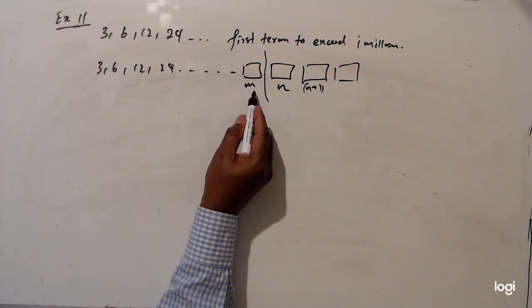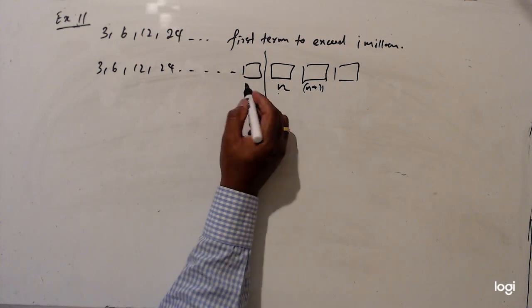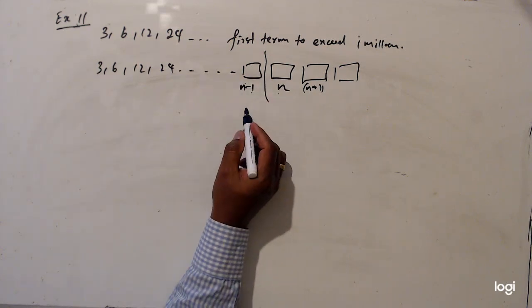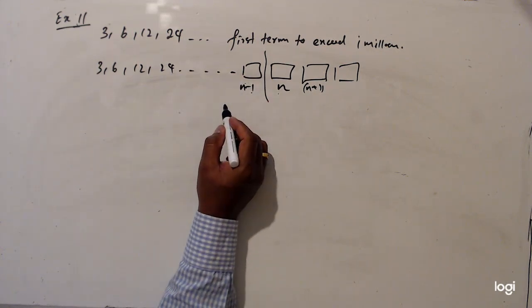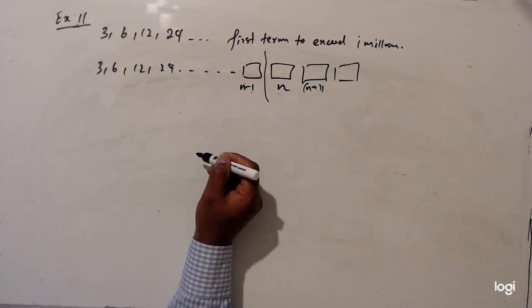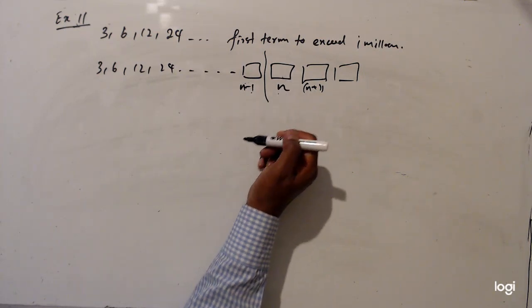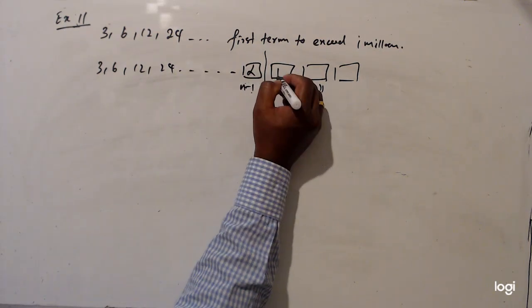The one just before n, which is m, or we'll write n minus 1, is less than 1 million in size. And this one is more than 1 million, this term. Let's say this is alpha and this is beta.